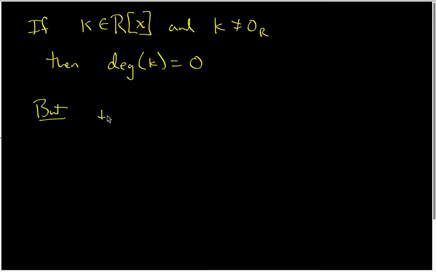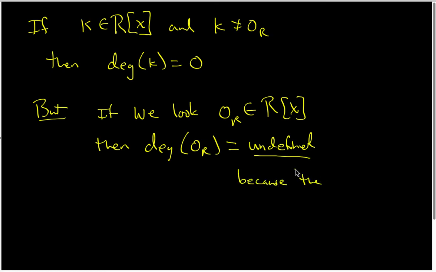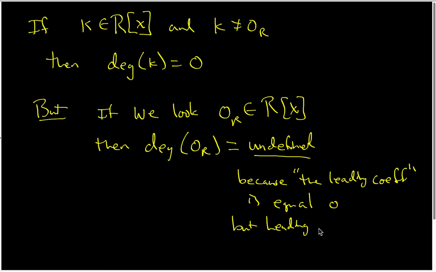But if we look at the 0 polynomial itself as being part of R[x], then the degree of this is actually going to be undefined, and it's undefined specifically because the leading coefficient, such as it is, is equal to 0, but leading coefficients are not supposed to be equal to 0.